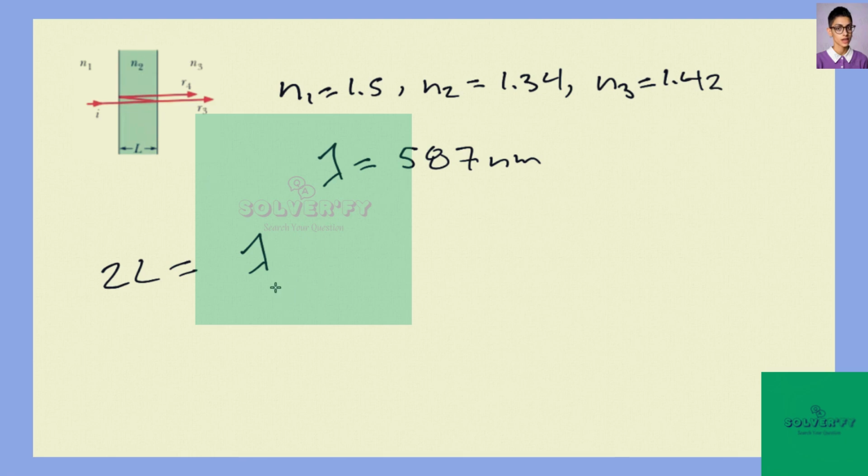So the wavelength in the material is the vacuum wavelength divided by the index of refraction. So that's n2. And we want some half multiple of this. So that's going to be m, which we'll say is some integer, minus 1/2.